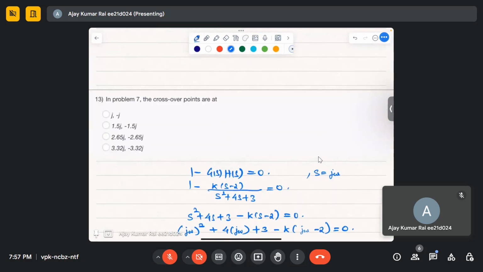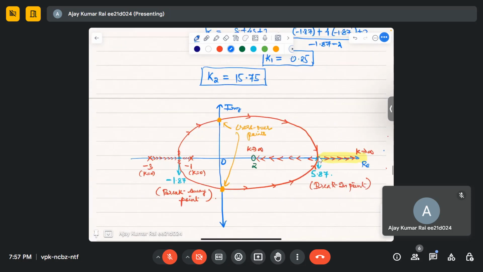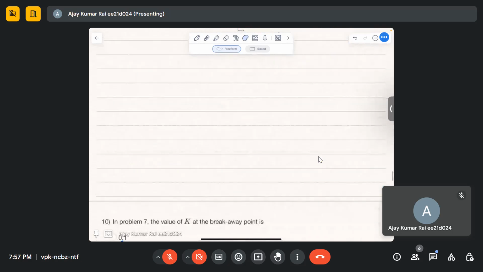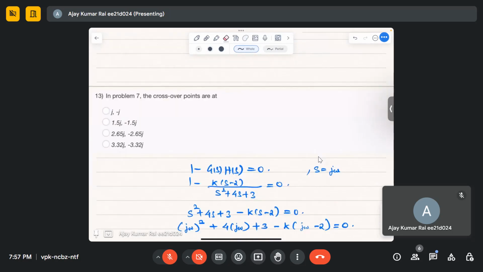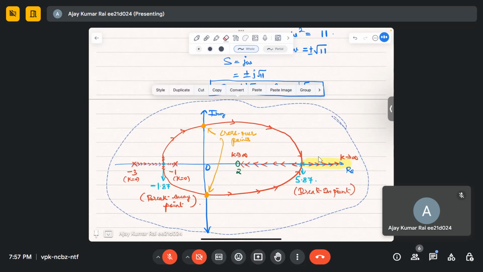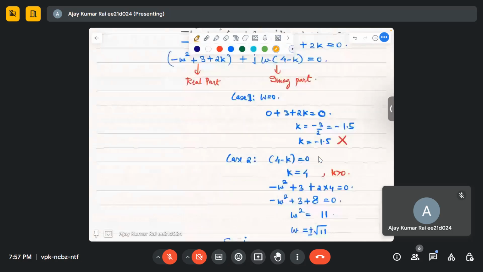So this is the root locus. Already we have drawn the root locus, and these two points we have just now calculated. So this is plus j root 11, and this will be minus j root 11. These two are the crossover points.